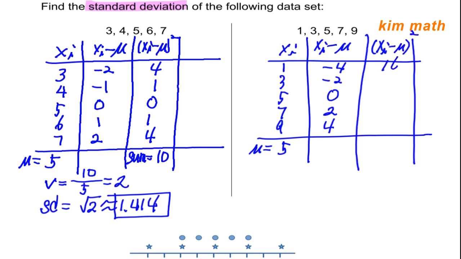So 16, 4, 0, 4, 16. I think the sum is 40, right? Okay, so what is the variance? 40 divided by 5, which is 8.